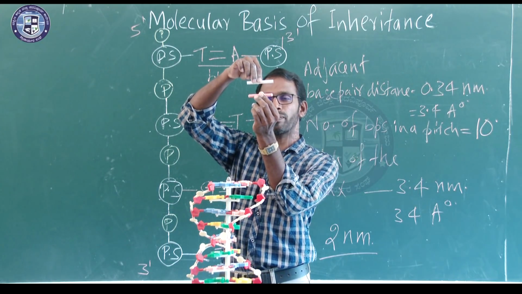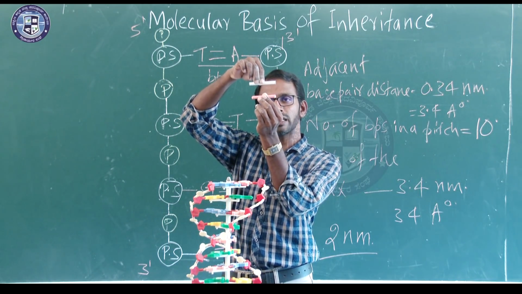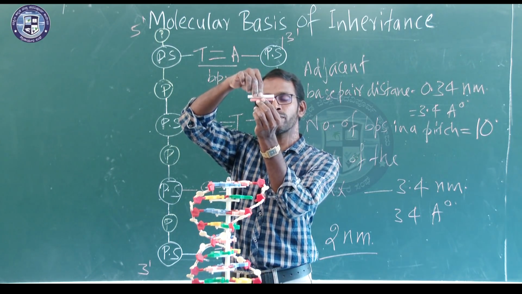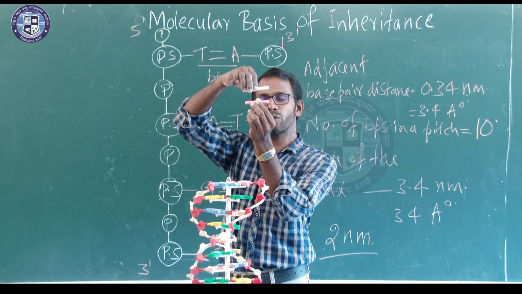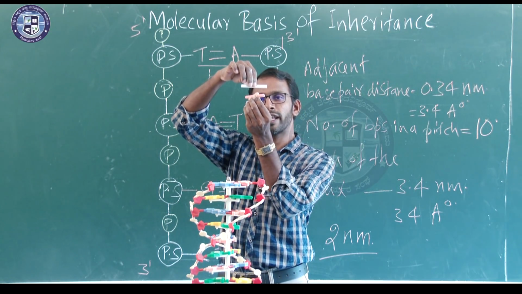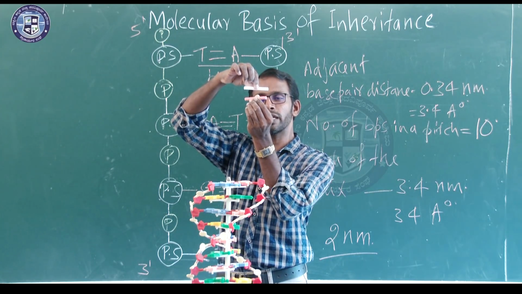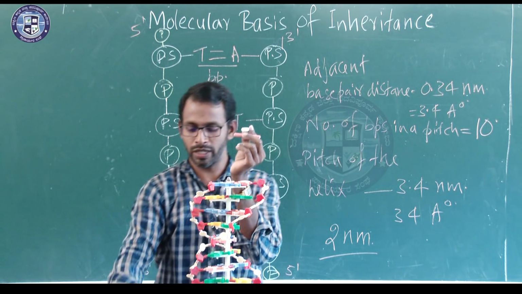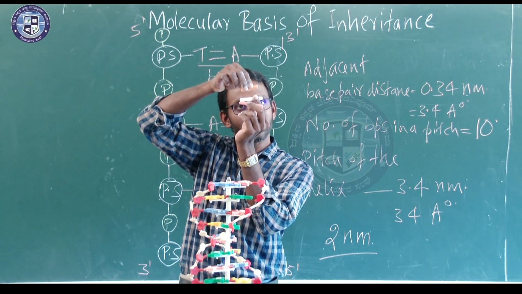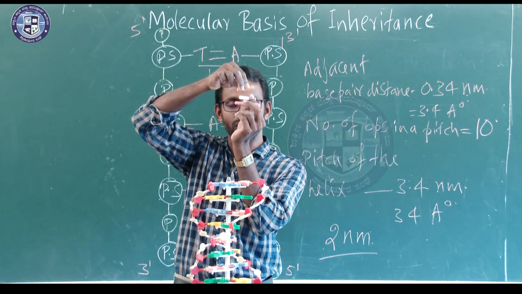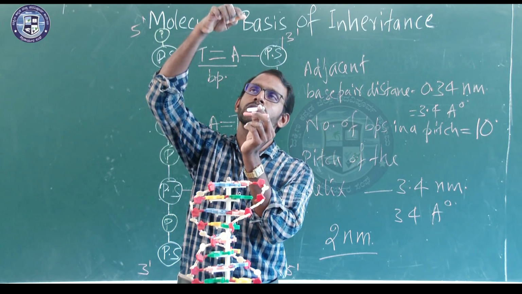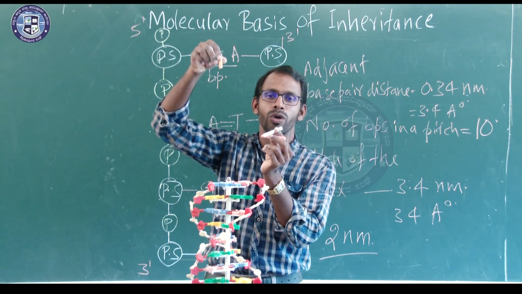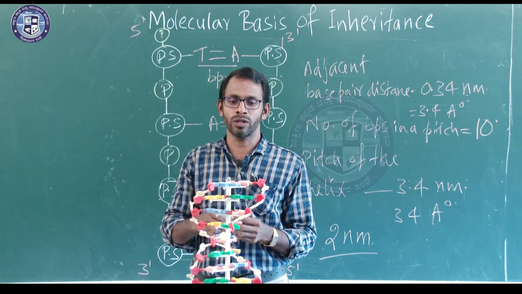No doubt they are parallel, and this distance is 0.34 nanometer, but as they shift from one base pair to the next base pair, it takes a rotation of 36 degree, and you bring the next base pair once again it takes 36 degree rotation. That is why when it completes 10 such bases, it will take one complete pitch or 360 degree rotation. Hope you got the idea.